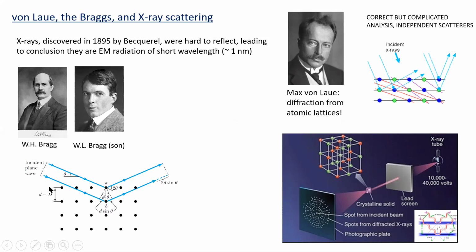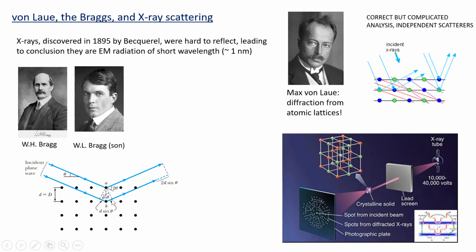If the spacing between these layers is little d, which here is equal to big D, the spacing between the layers that are acting as the scattering planes, then looking at this geometry, this length here would be equal to d. The sine of this angle theta would be equal to this length over d. So this length would be d sine theta, and there'd be 2 of them.